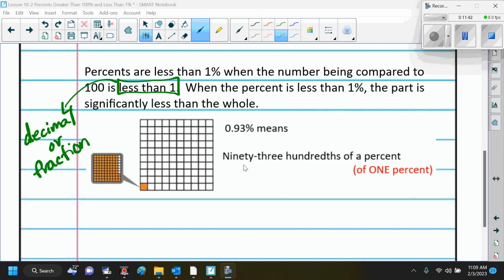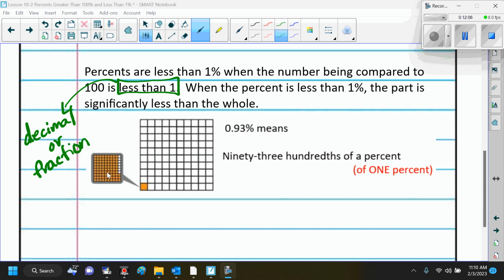So here, this picture is one teeny little thing shaded in the 100 square, right? Now, it looks like it's 1%, but it's really not. If you look at this blow up right here, how many are shaded in there? 93.